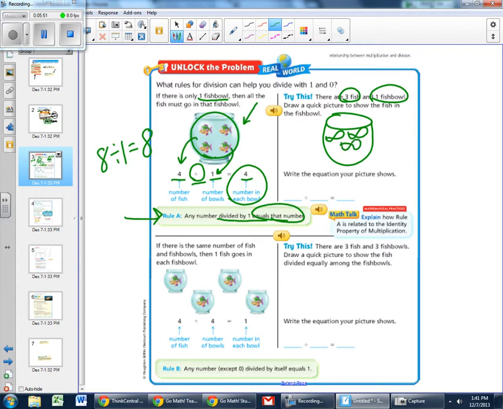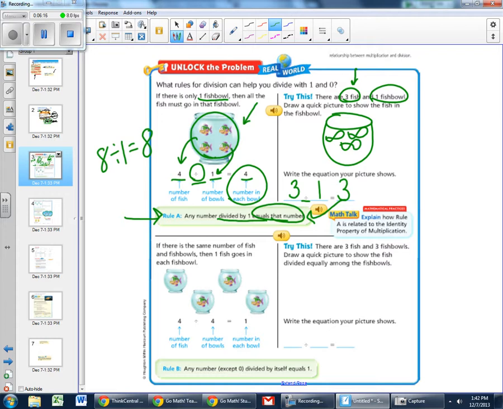That last one was kind of an ugly little fish. Write the equation your picture shows. So we had 3 fish divided by 1 fish bowl. Knowing that anything divided by 1 is that number, we know that we have 3 fish for that bowl. So 3 divided by 1 equals 3.